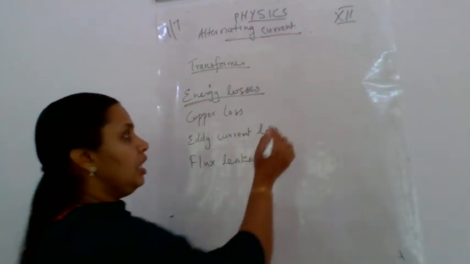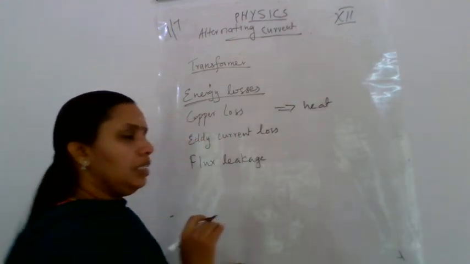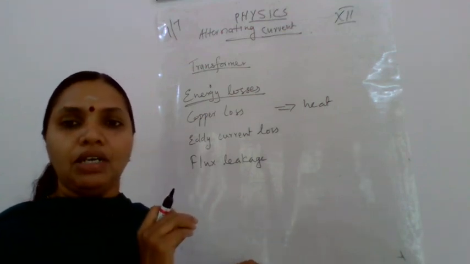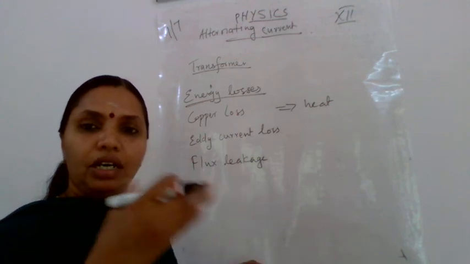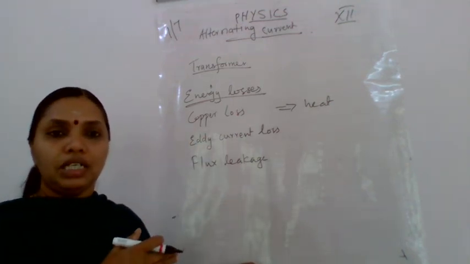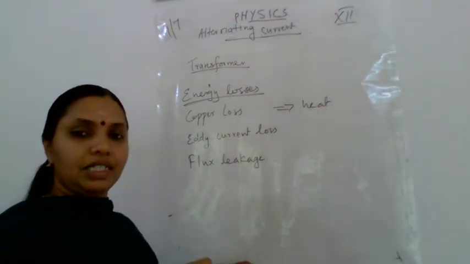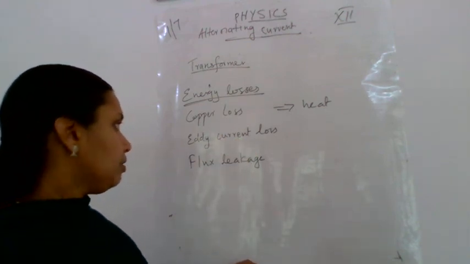So there is a possibility of energy loss in the form of heat. When you are standing near the transformer, we feel a little bit of hotness there. That is because of the energy loss. That proves that there is an energy loss in the transformer. That is the heat produced. It has high resistance and current flows, so energy is lost in the form of heat.